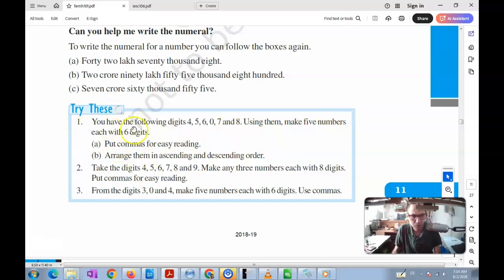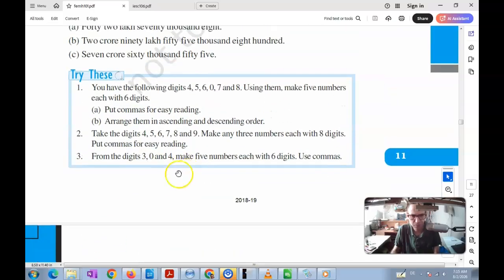And then you can also try these questions, which is you have the following digits. Using them, make 5 numbers each with 6 digits. Put commas for easy reading and arrange them in ascending and descending order, taking the digits, and then make 3 numbers each with 8 digits. Put commas.